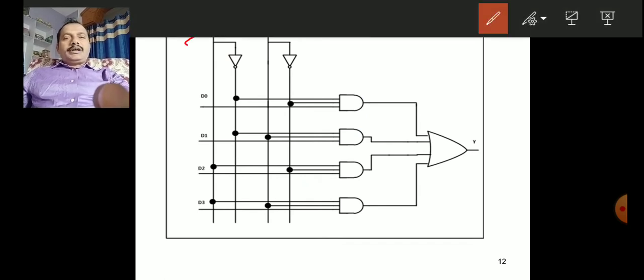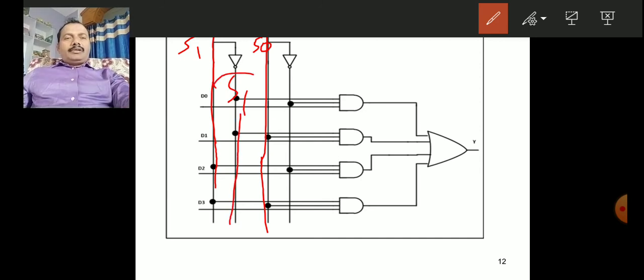So this is the S1, S0. This is S1 line. This is S0 line. This is S1 bar line. This is S0 bar line.